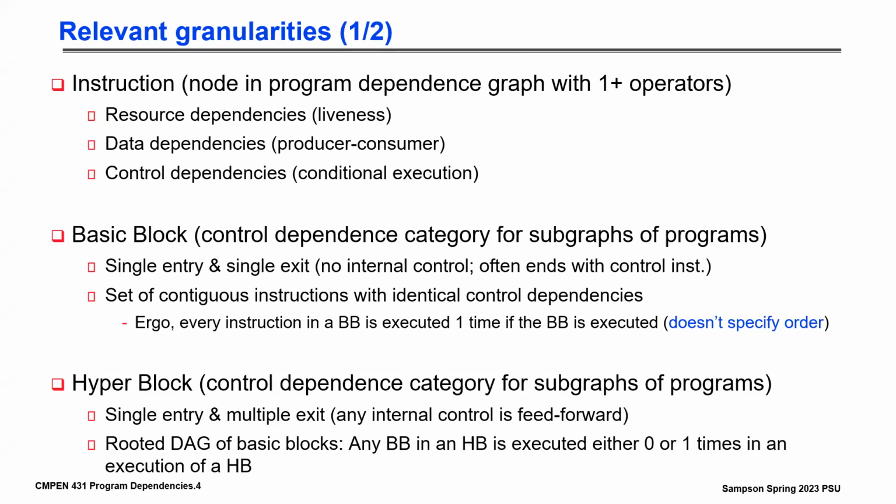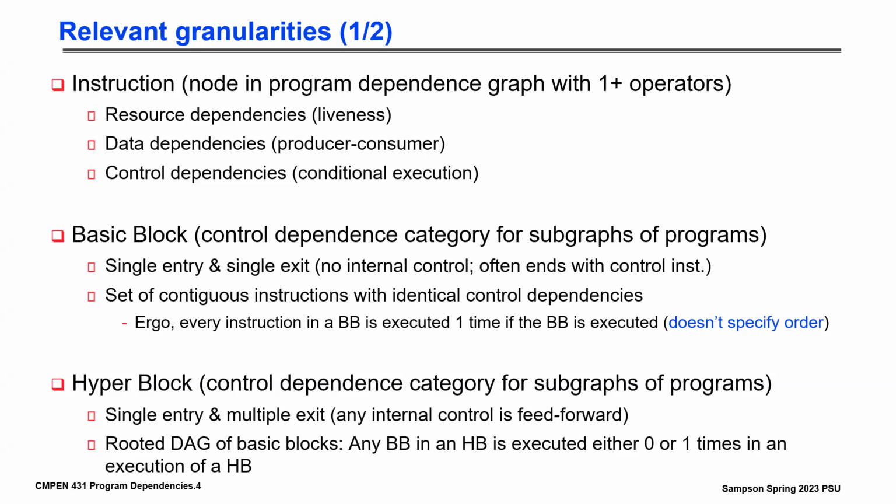Hyperblocks are a DAG of basic blocks. So a hyperblock is a feed-forward set of basic blocks. So these actually often are what certainly your innermost loop is often a hyperblock, right? So there are no loops in the hyperblock.